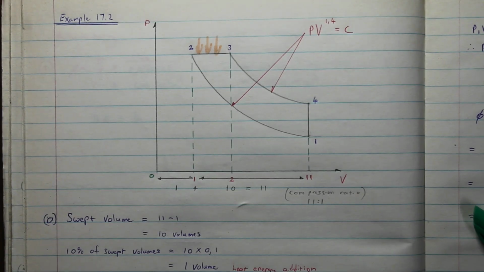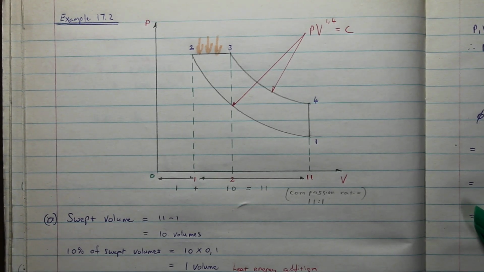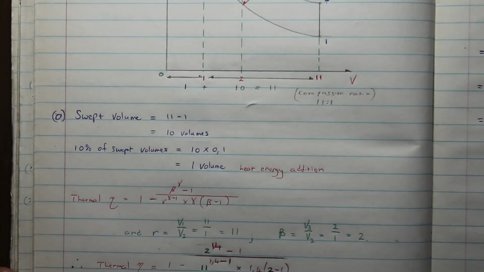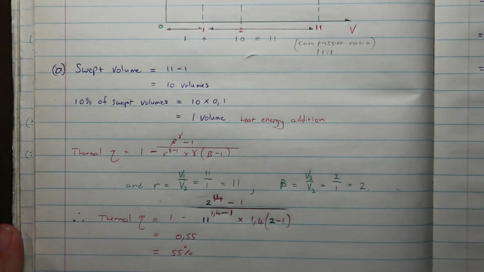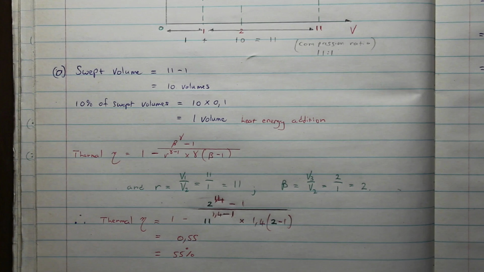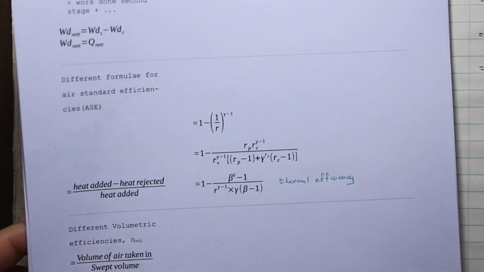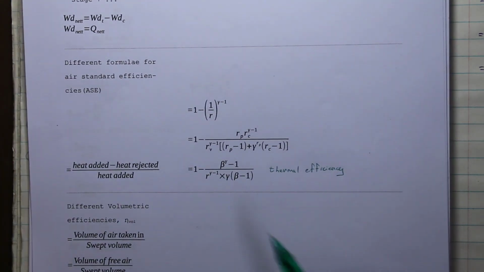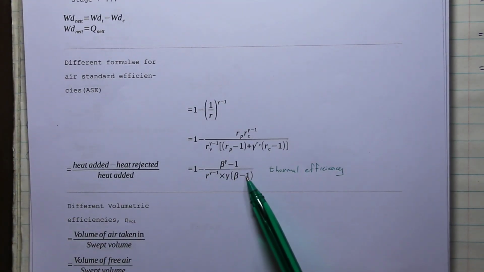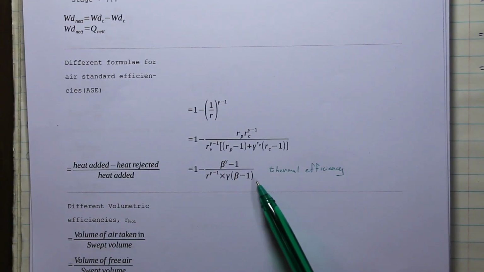Now we can work out the thermal efficiency of this engine. The nice thing is that we get this formula on the formula sheet, so we don't have to derive it. Here it is. On page 3, you have the thermal efficiency relating to the diesel cycle. So how does this formula work?